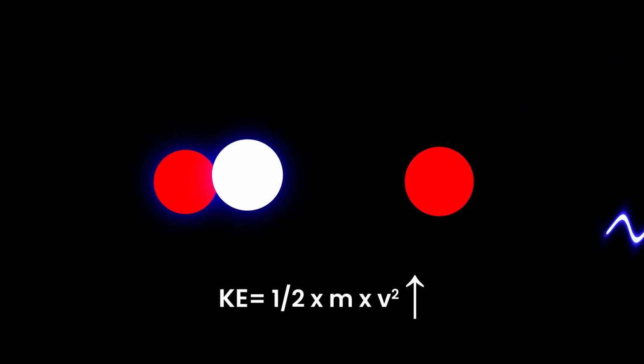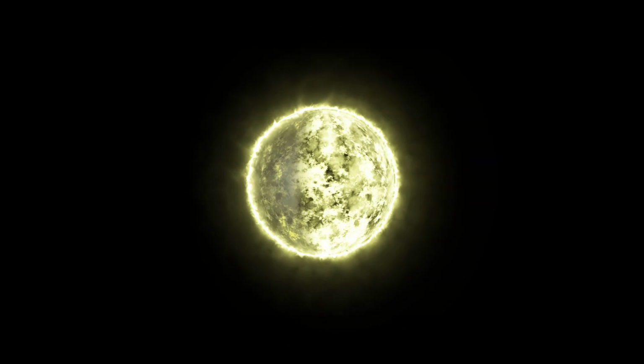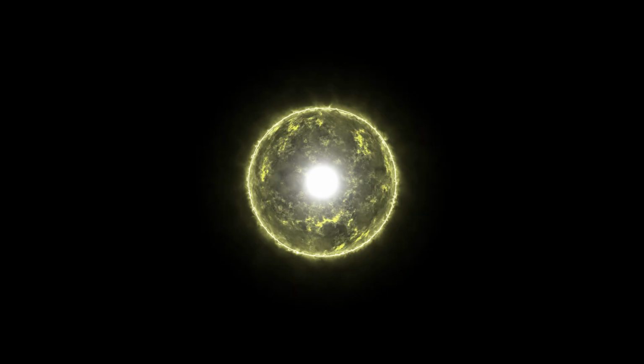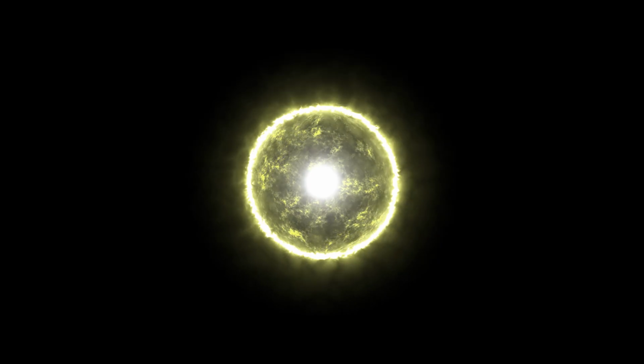However, in other cases, the photon is absorbed by the particle, and its energy is transferred to the particle. Both scenarios lead to an increase in the charged particle's kinetic energy, which contributes to heating the surrounding material. The resulting heat energy propagates gradually to the outer layers of the star and maintains the necessary high temperature for nuclear fusion to continue.